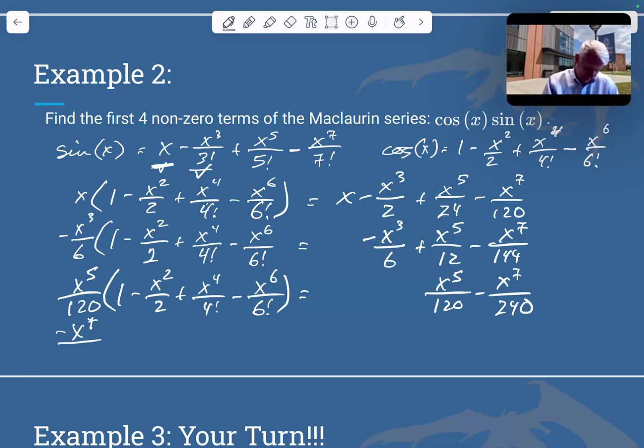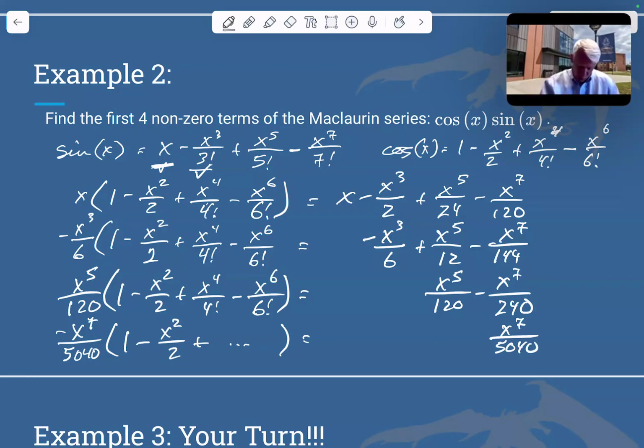So this is a negative over 7 factorial. So 7 factorial is 5040 times 1 minus x squared over 2 plus, and so on. I'm not going to have an x, I'm not going to have x cubed. I'm going to end up with this x to the 7th power over 5040.